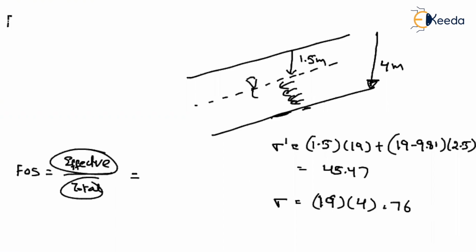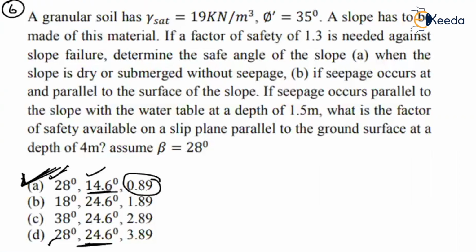So what is the factor of safety? That will be equal to the effective value 45.47 into cos square i. That's what you have to find out in the second question. What is the factor of safety available?